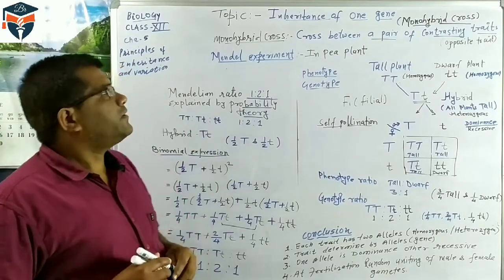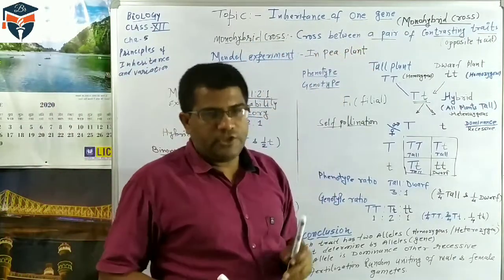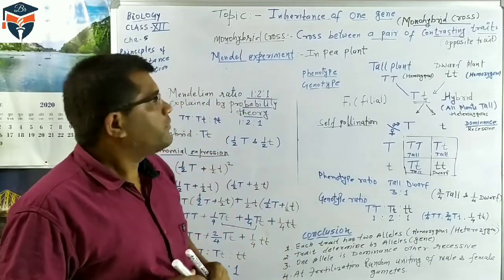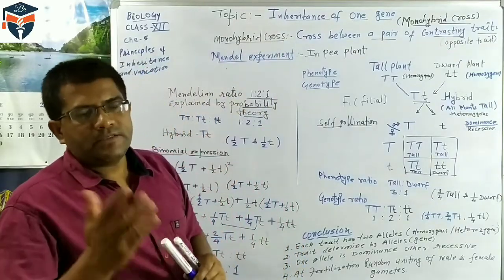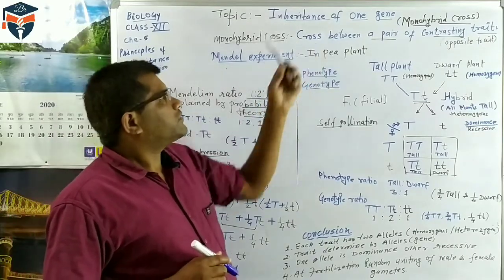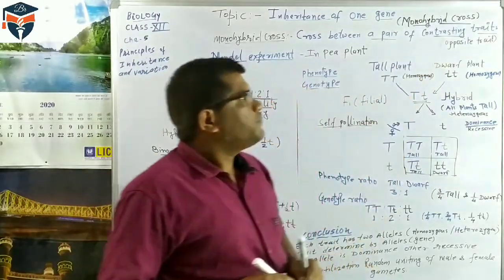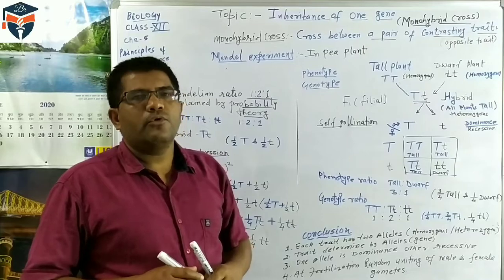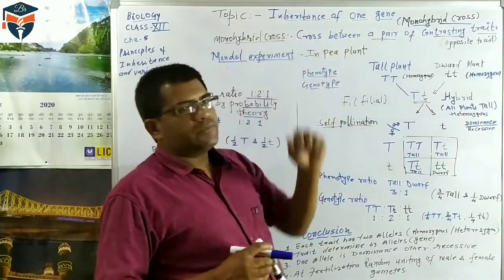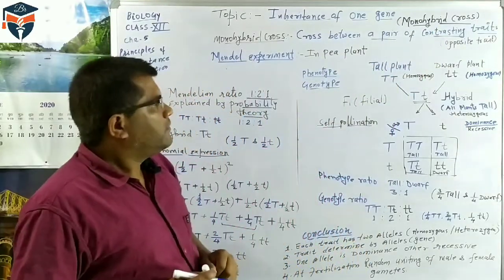In this chapter we are now discussing inheritance of one gene: how one gene is expressed in the progeny and how it passes from one generation to another generation. This cross is called a monohybrid cross. So we will explain one gene expression or inheritance by the monohybrid cross.